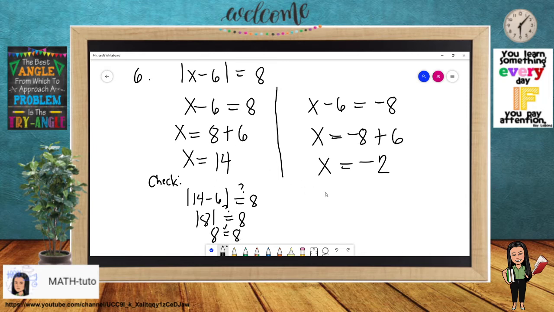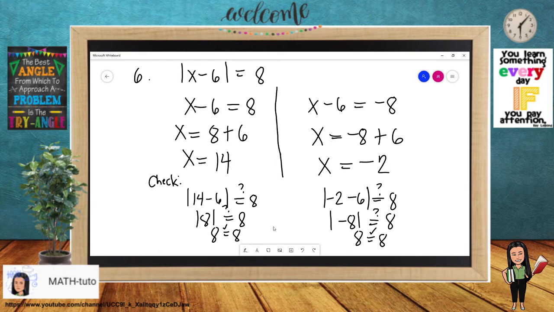Here, we have negative 2. We have negative 2 minus 6. Is it equal to 8? Absolute value of negative 8. Is it equal to 8? Yes, it is equal to 8. So this means that both 14 and negative 2 are possible values of x. Okay? Pareho siyang correct.